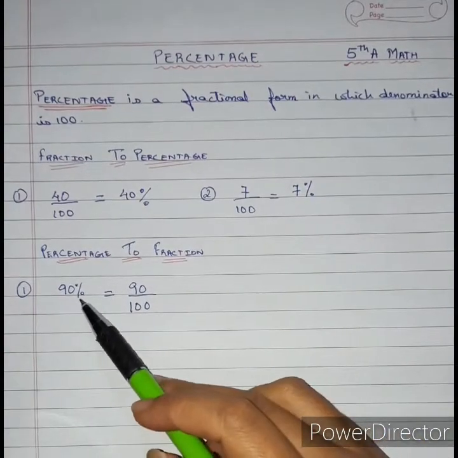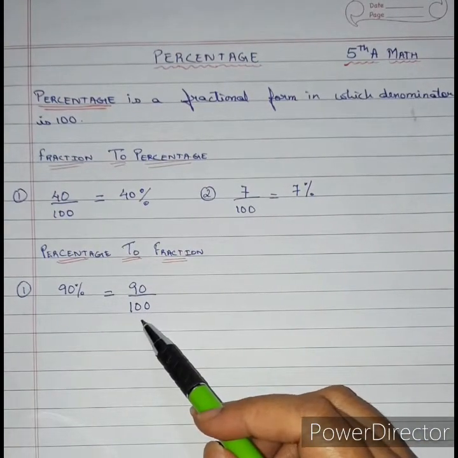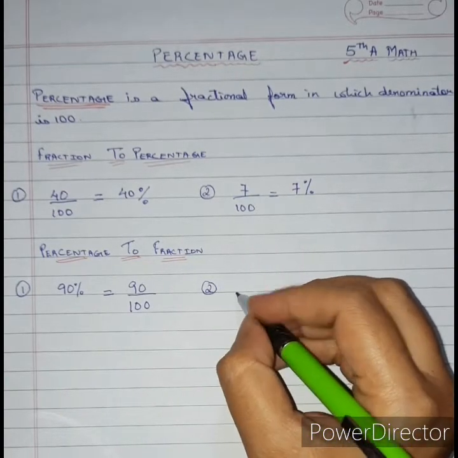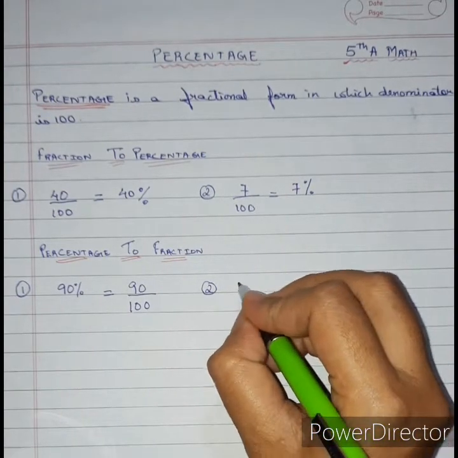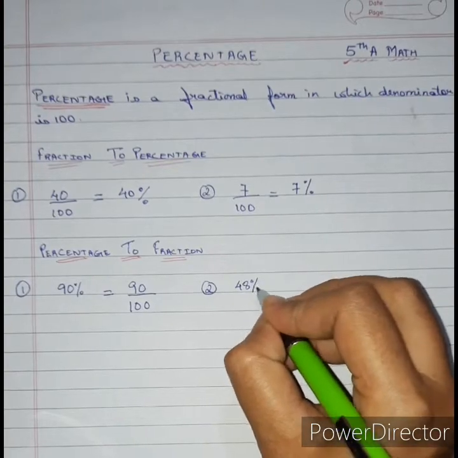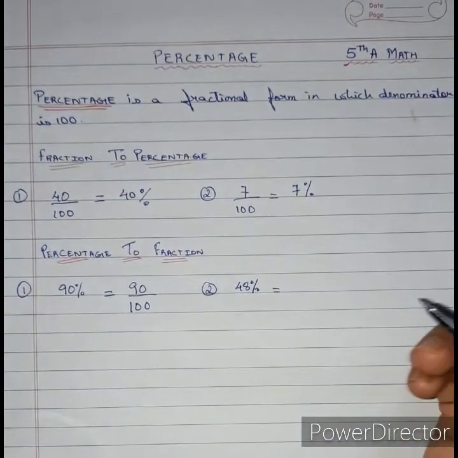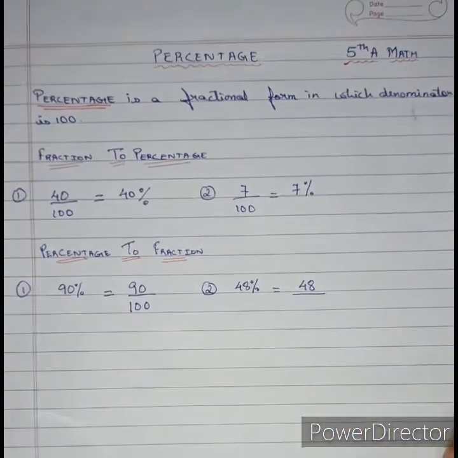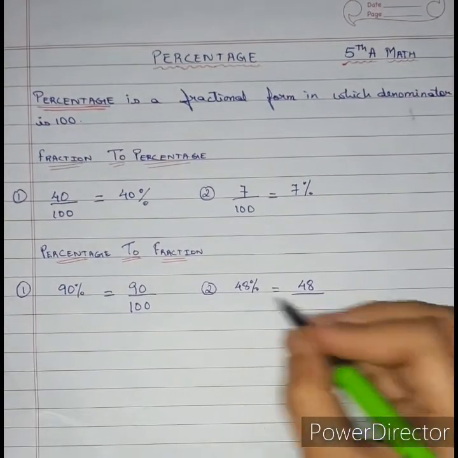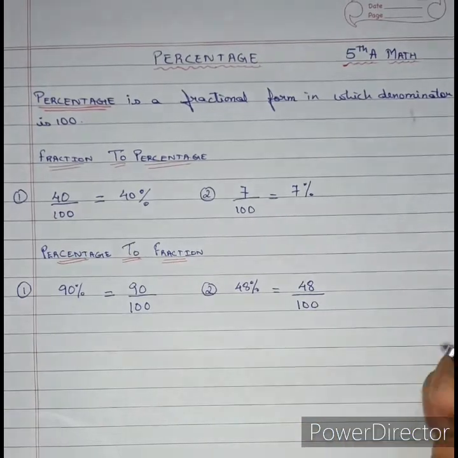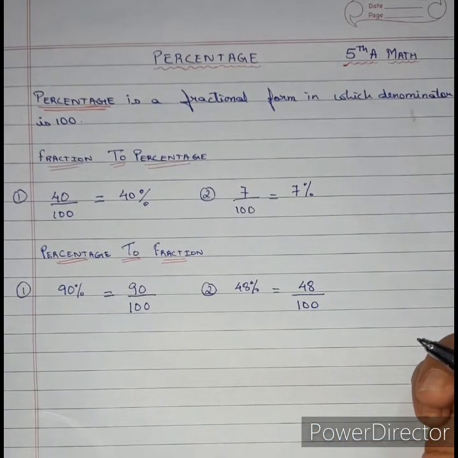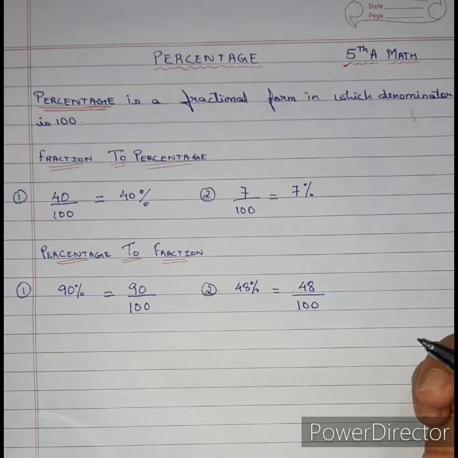The percentage sign converts to the denominator 100. Let us take one more example. Suppose the percentage of battery left in the phone is 48%. Okay, so convert into fractional form. Just the number, the numerator 48, remove the percentage sign, and it will be upon 100. Isn't it easy? Let's take one word problem on percentage.